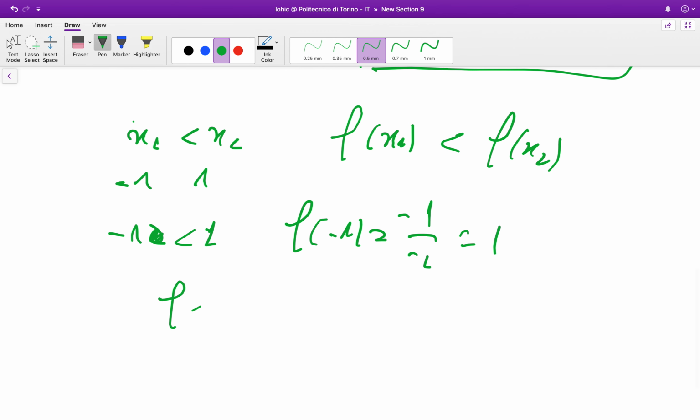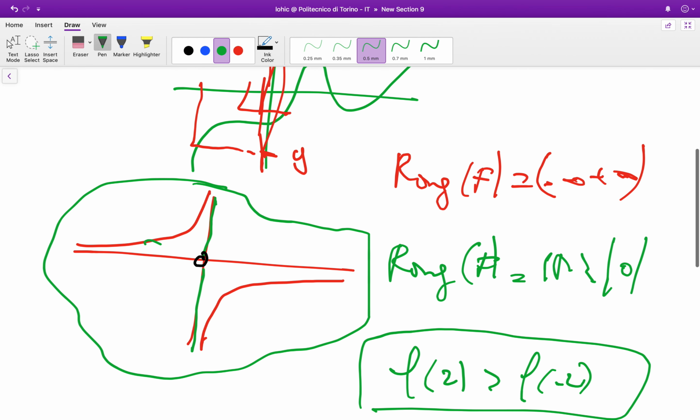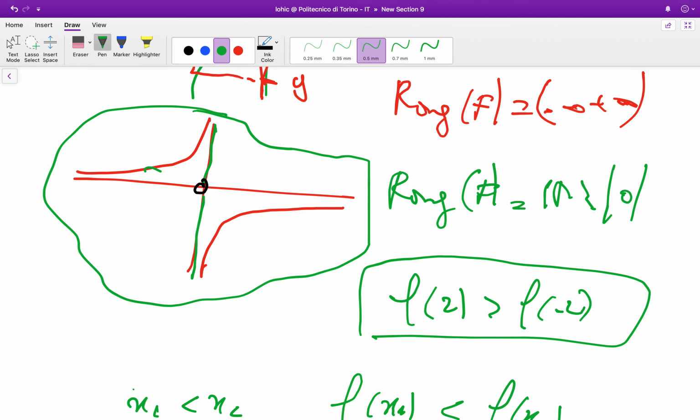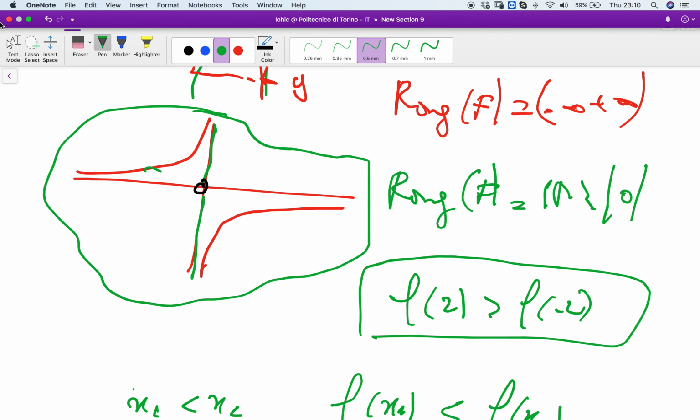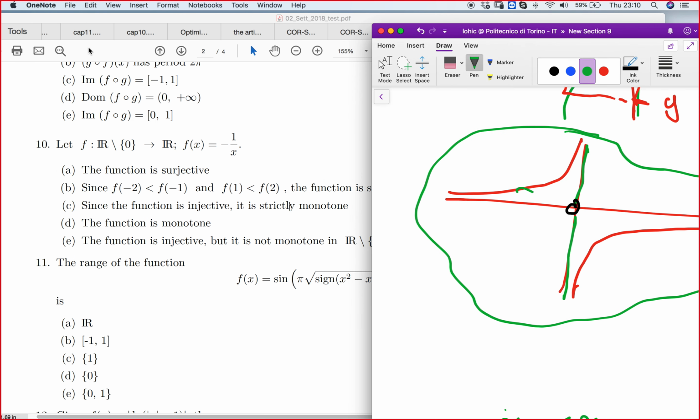And if you do f of 1, you will get minus 1 over 1, that is minus 1. So this function is not increasing, because if it was increasing, the image of 1 was supposed to be greater than the one of minus 1. Is that clear? This kind of function is not increasing, and it is far from being strictly increasing.